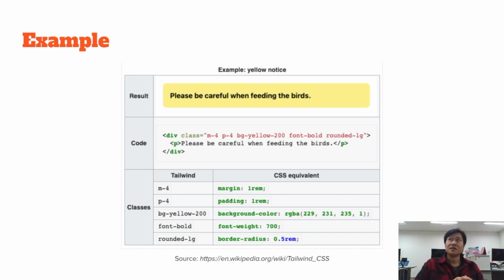And so there will be some things that are sacrificed. For example, the yellow. I'm not specifying exactly what shade of yellow. I'm just saying yellow. There is a 200, which is a variant of yellow, which is kind of a shade. But if you have an exact value that you want, that's not really covered.